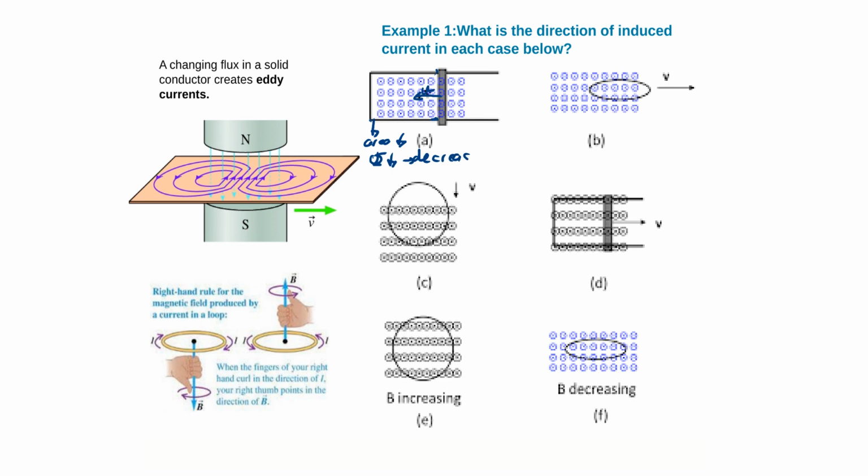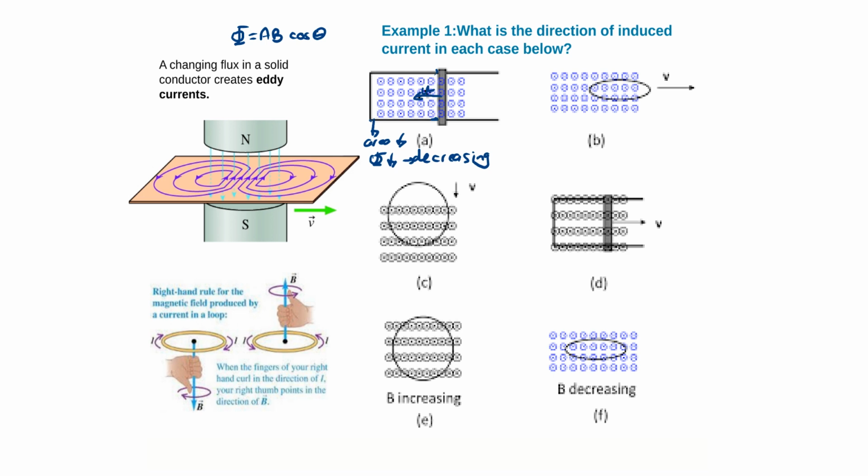We put the flux equation again over here: area times magnetic field times the cosine of the angle between the normal to the area and the magnetic field. Over here, the magnetic field is out of page. My flux is decreasing because area is decreasing.